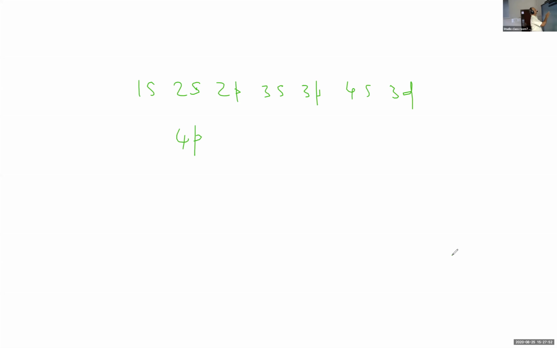So 1s is less than 2s, less than 2p, less than 3s, less than 3p, less than 4s, then 3d, that is less than 4p, etc. You at least remember this much to write the electronic configuration.